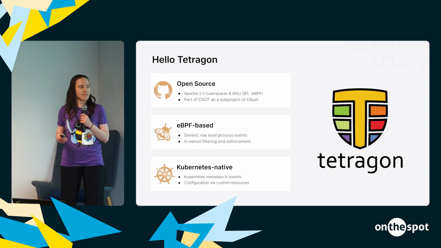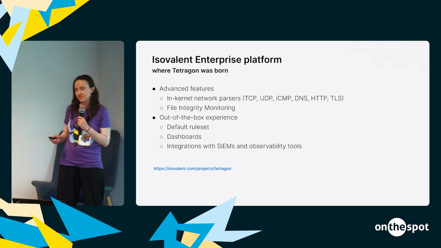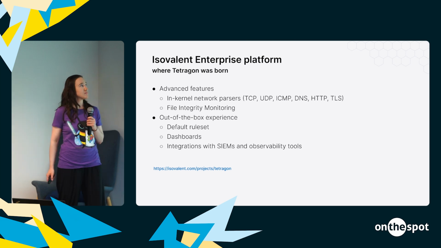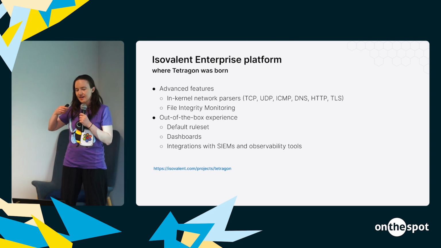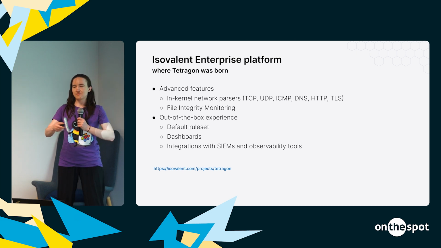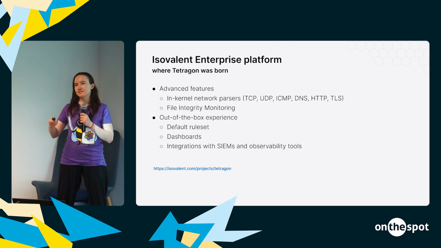Tetragon is a pretty generic tool, and at first it was developed a few years ago as part of Isovalent Enterprise Platform. Now, Isovalent Enterprise Platform still uses Tetragon, the open source project, and builds on top of it.